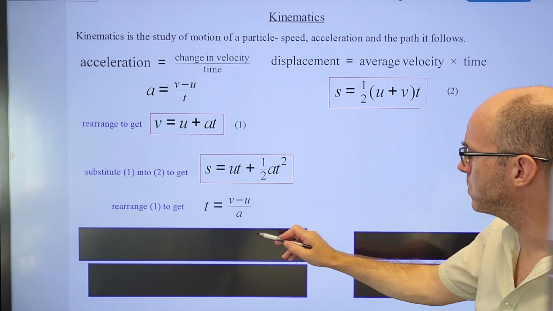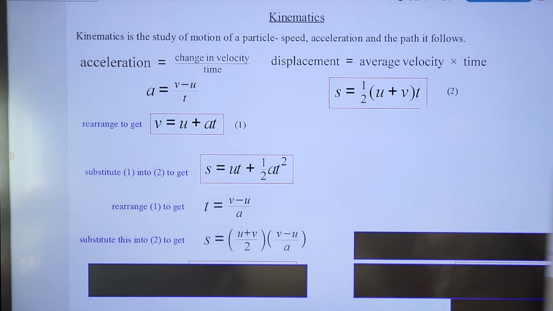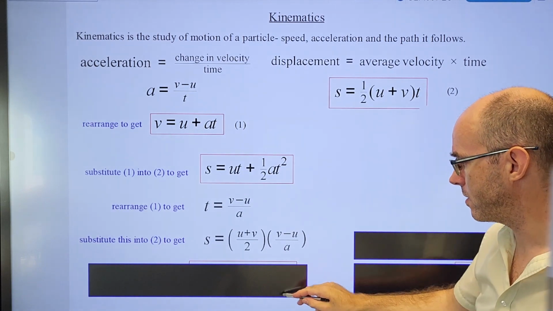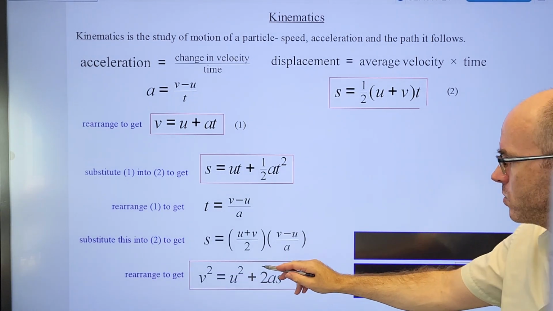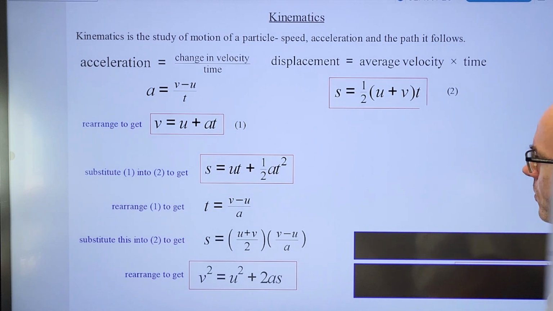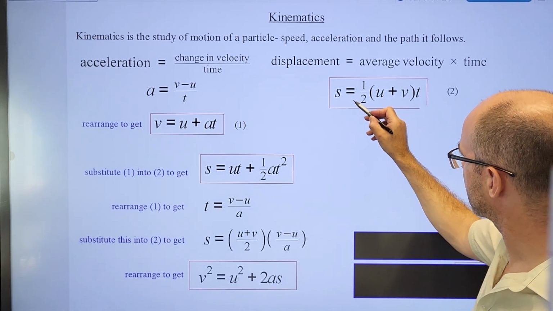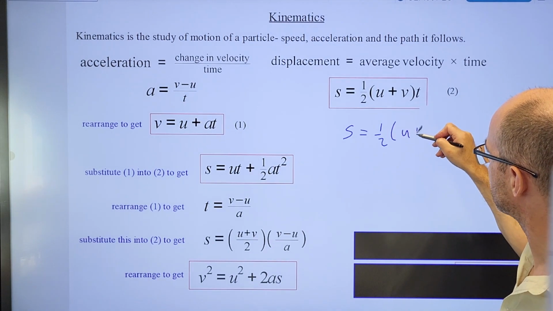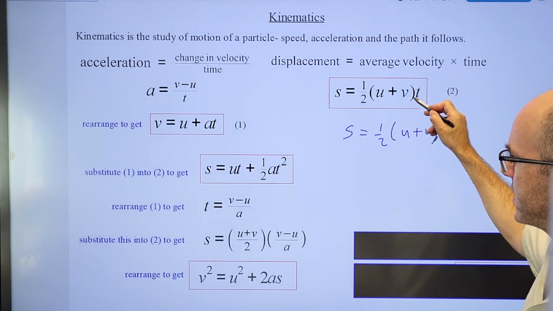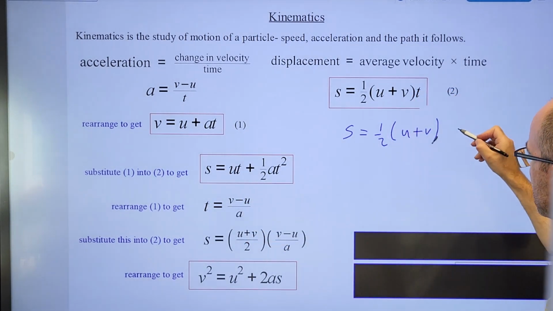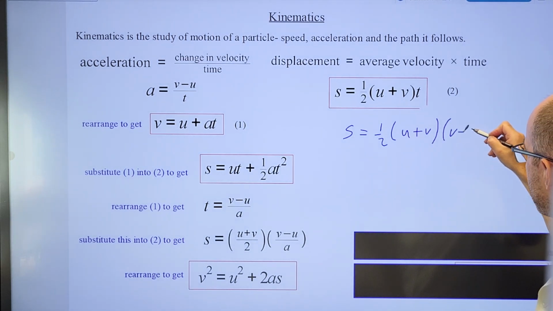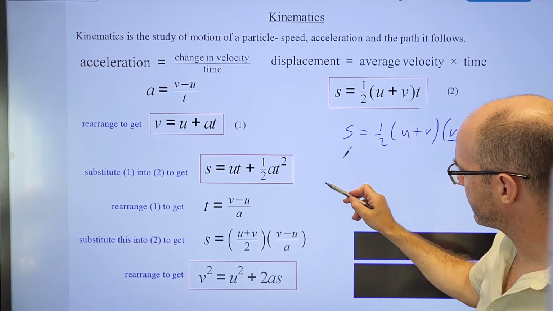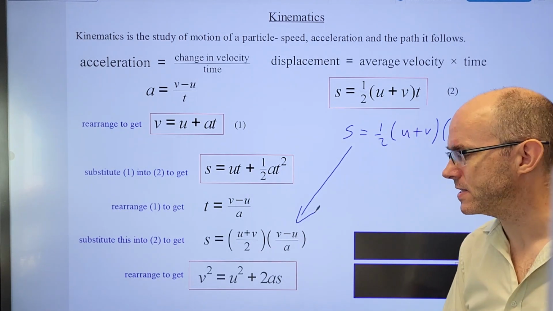And then if you substitute this into equation 2 again, you're going to get another of the formulae. Let me just show you the working on that. So coming to this again, you've got a half U plus V, and then multiplied by T, which is V minus U over A. I've written it like that just because it's easier to see what's going on.